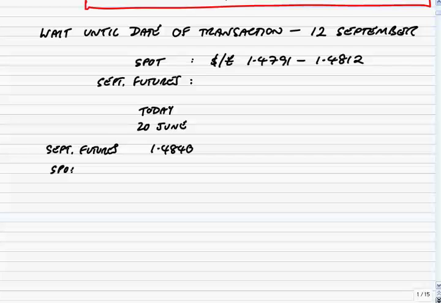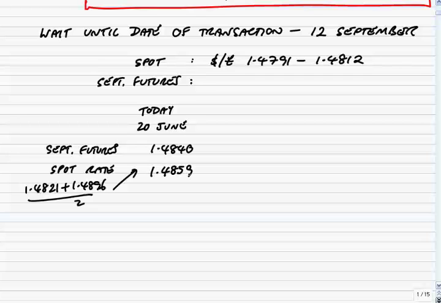The spot rate on the 20th of June, well, the mid-market price, so 1.4821, 1.4896, the average, I get an average, a mid-market price of 1.4859. Keep it to 4 decimal places. And so the difference is 0.0019.